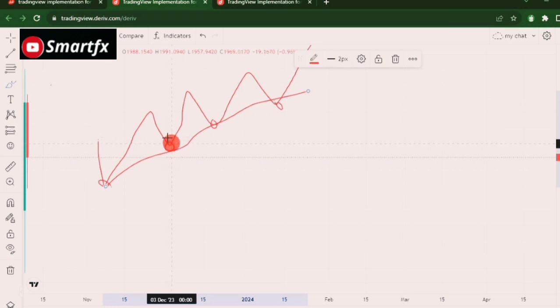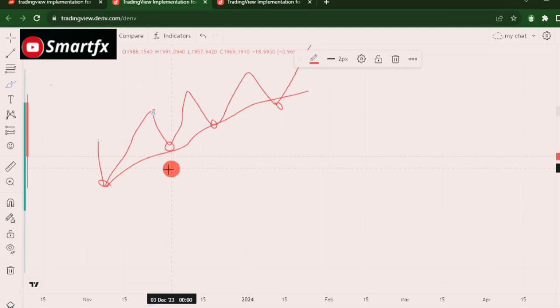So when you see your market coming down to your trend line or your moving average, then you start buying, because if you buy at this point, the retracement can take you out of the market. That's why you have to wait for the market to come down and retrace before you buy.